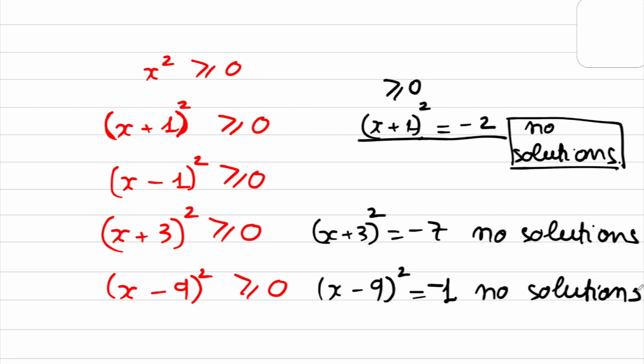Okay, go on. How about this case? Okay, sorry, stop the video right now and copy this one to your notebook. How about this one? You have (x plus 3) squared and plus 4 equal to 0. Why will this one have no solution? You can see that I moved plus 4 from the left hand side to the right hand side, and it becomes negative 4. So look at this.